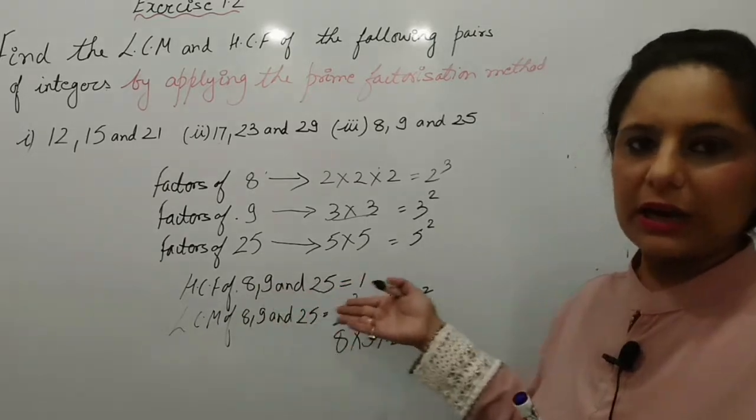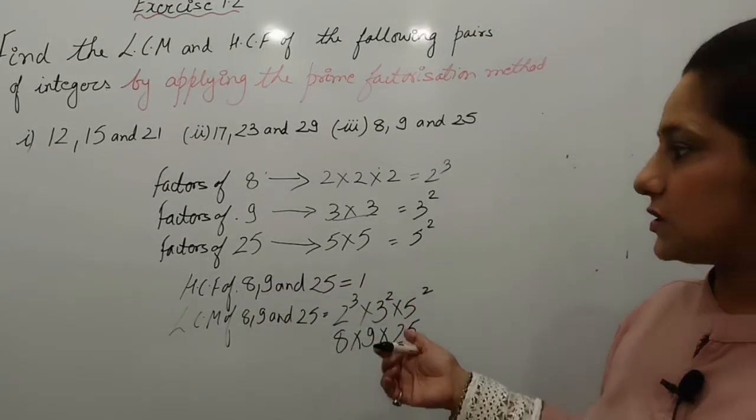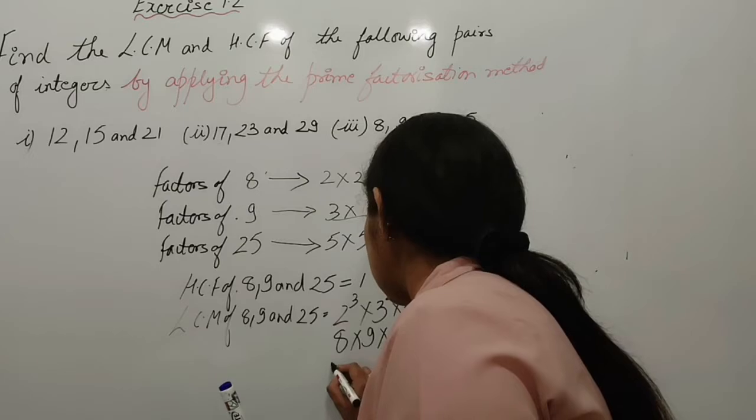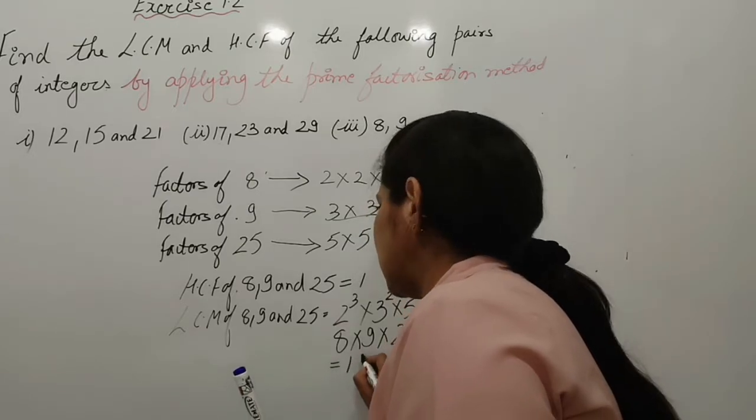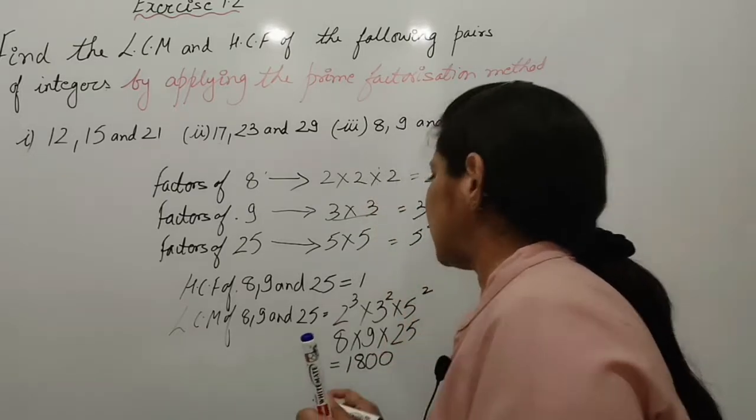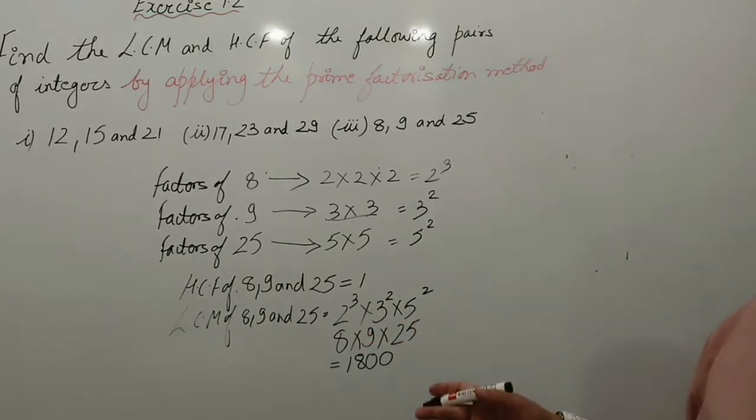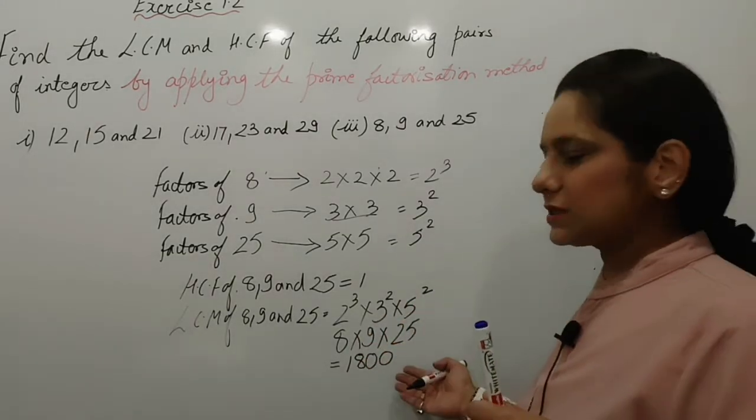We know they are the numbers itself because the HCF is 1 and the product will be 1800. So the LCM of 8, 9 and 25 is 1800.